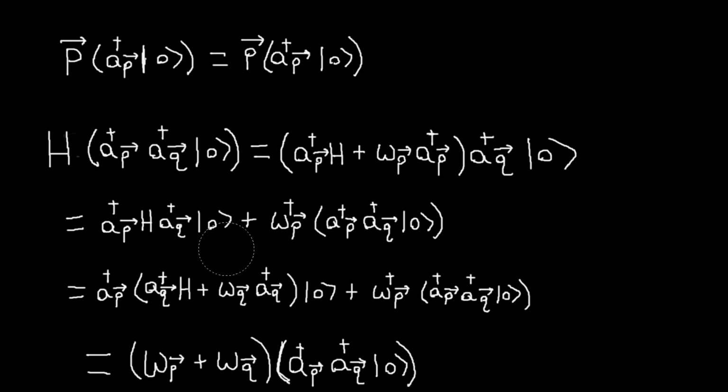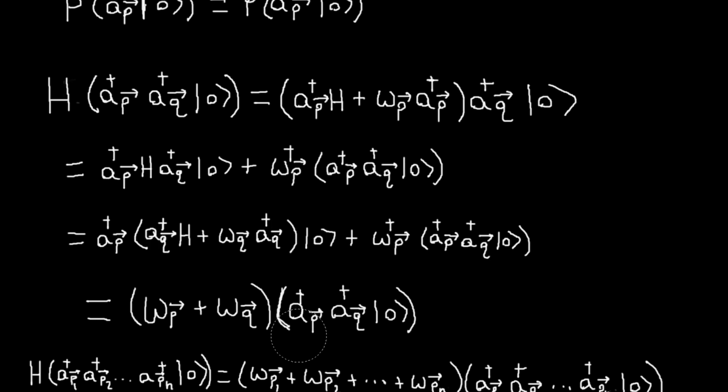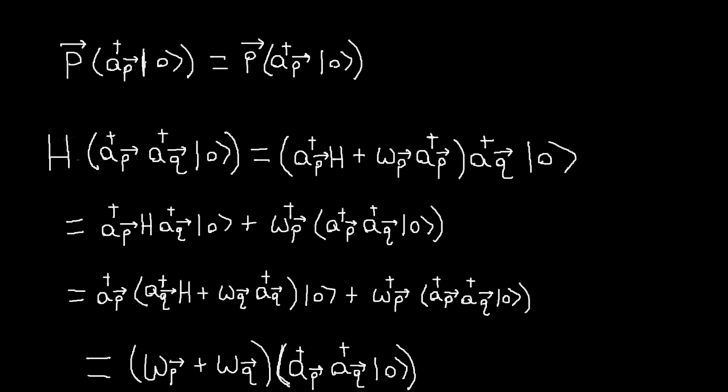The point is that the eigenvalue of this state is just omega p plus omega q. So it makes sense. The energy eigenvalue of this two-particle state is just the sum of the energies of the individual particles. And similarly for the momentum, P acting on the state, we would just get p plus q. So the momentum is just the sum of the momenta of the individual particles.